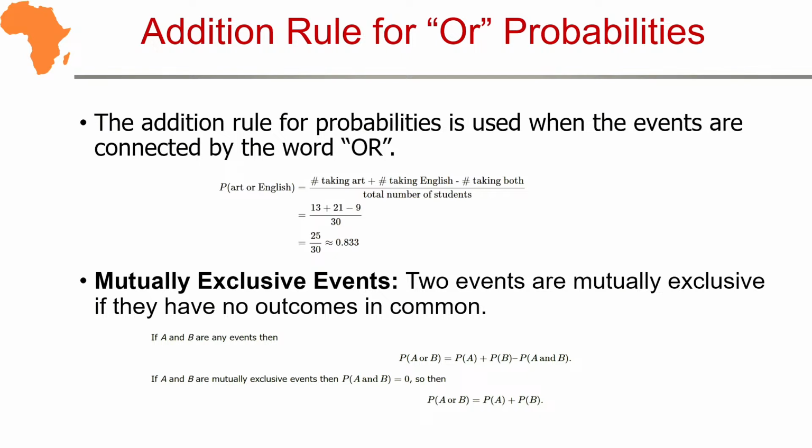Yeah, Brian? It's or. Or we double counted art. It's the same pool, right? Those probabilities can occur. You can take English and you can take art.